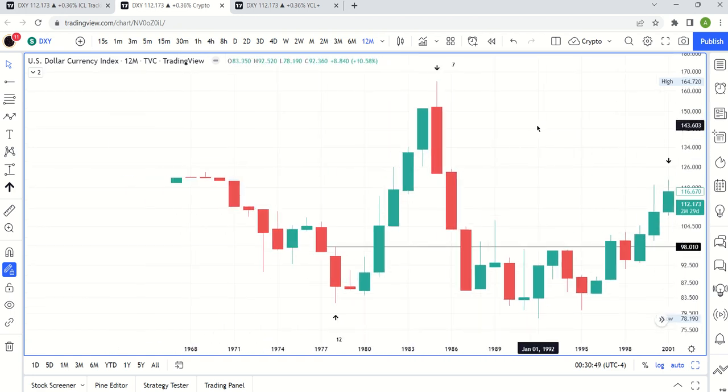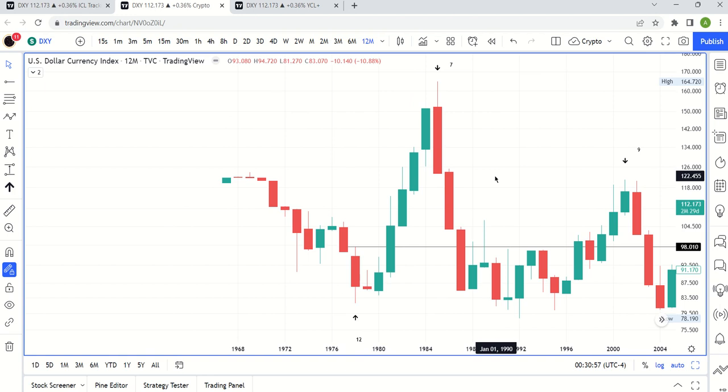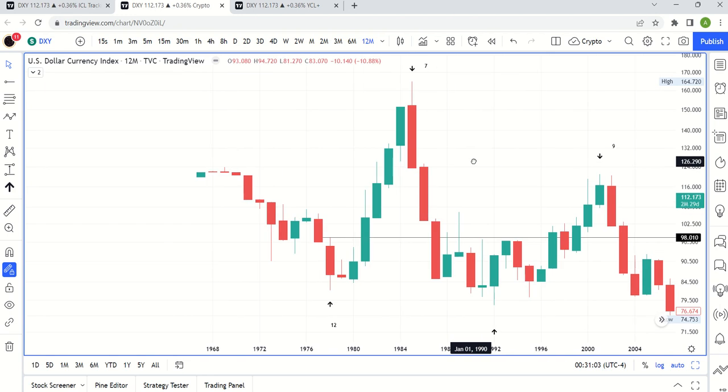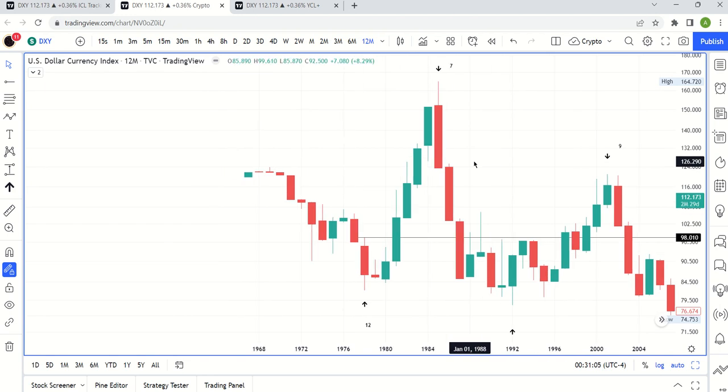So this cycle was actually kind of perfectly even. We rose for 7 years, and then we fell for 7 years because the cycle was 14 years in length. The high came on year 7, and the low came on year 14, right? So 7 years rising, 7 years declining. That's the general way you want to think about a cycle.